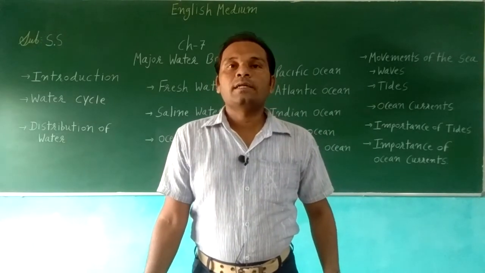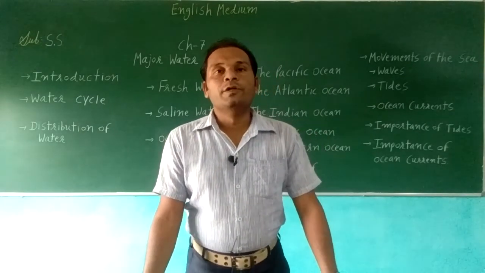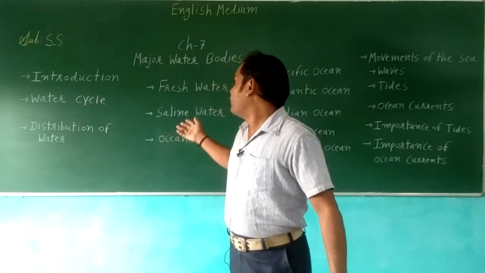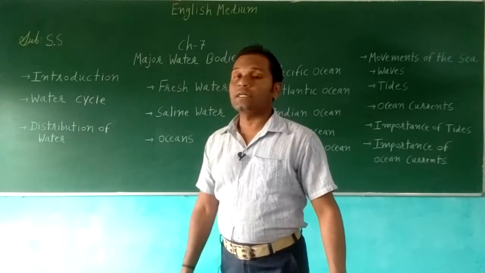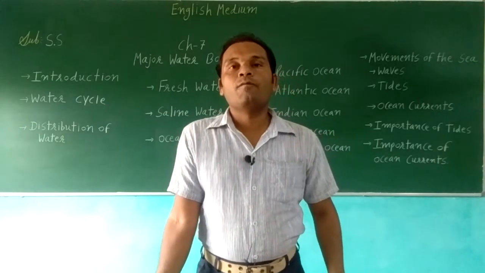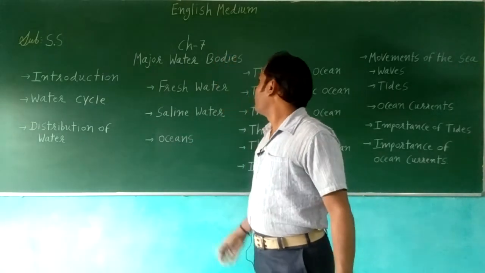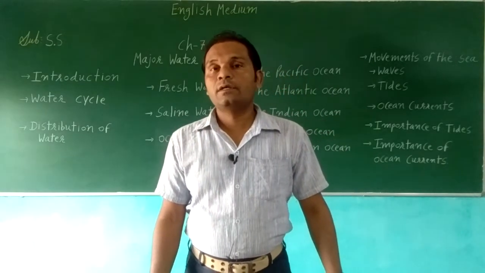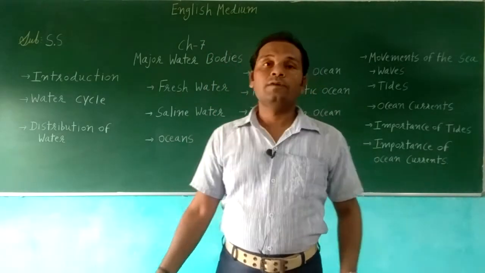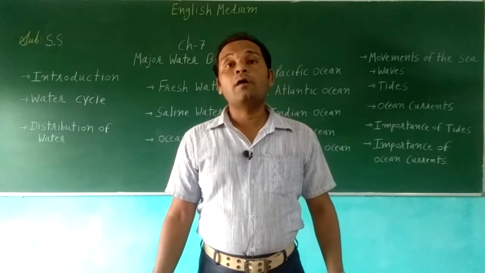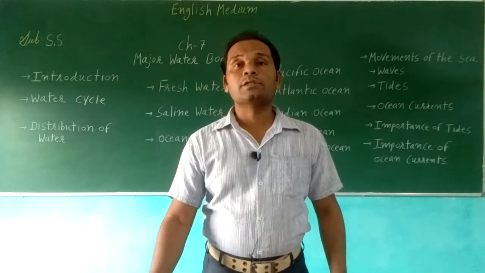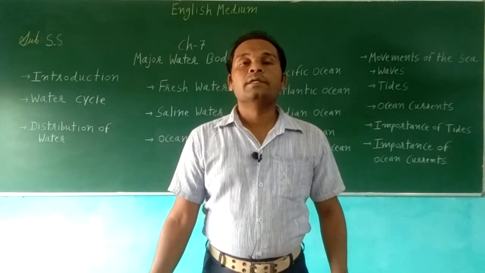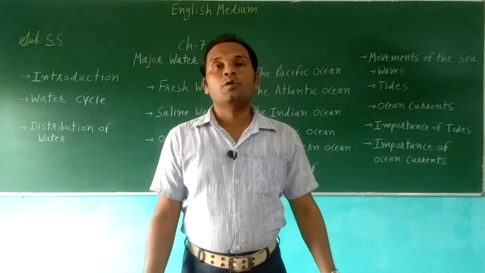In our last video we have seen different kinds of water bodies, like the water cycle, the distribution of water, fresh water and saline water, and about oceans, how the water is distributed in different forms and how it is divided into different oceans.